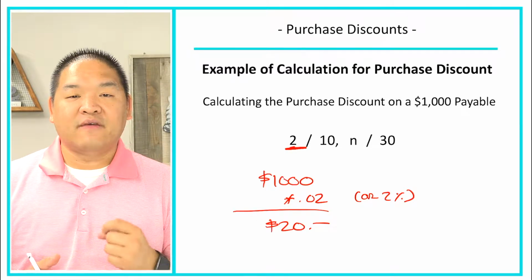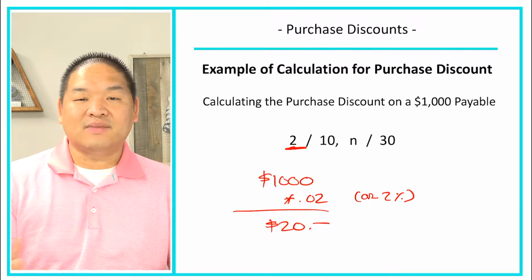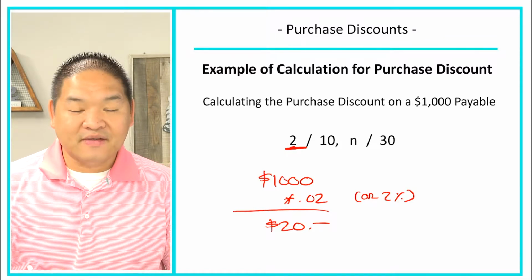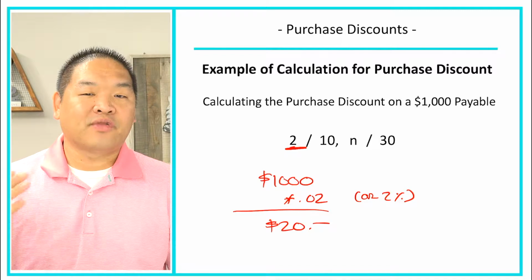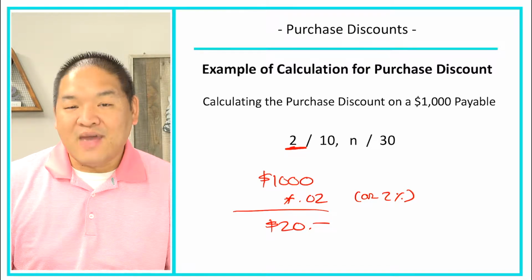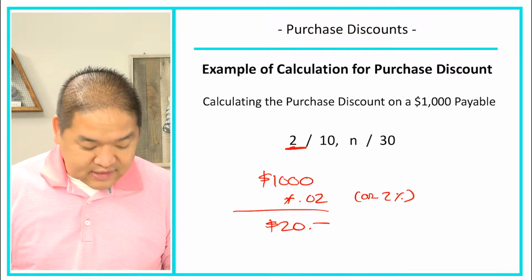If you can sell it for $2.90 versus the next store that has to sell it at $3 to make the same amount of money, you will come out ahead from a competitive standpoint of the guy down the street selling it for $3. So again, it's super important why taking the purchase discount makes sense at the end of the day, even if it's only 1 or 2%.